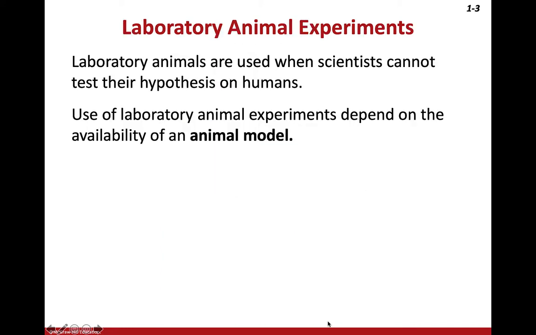Now, especially in physiology, laboratory animals are used because, quite honestly, we can't always use humans to do our research on. And the use of laboratory animal experiments depends upon the availability of an animal model.